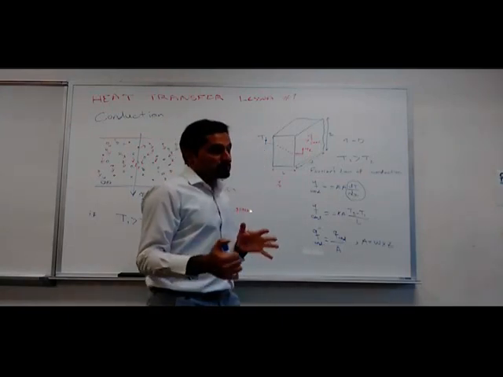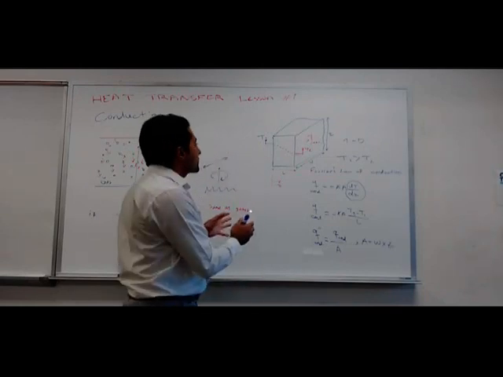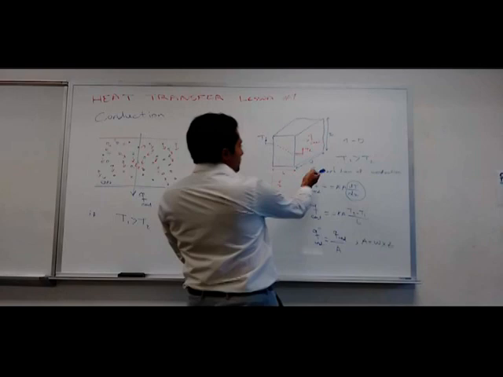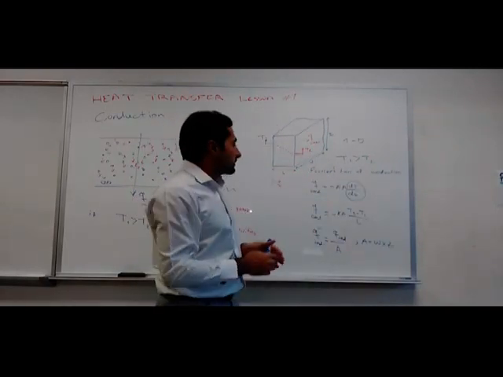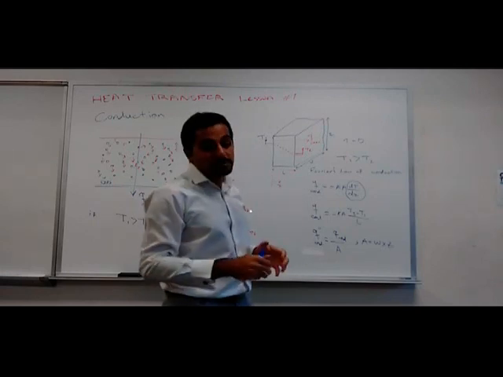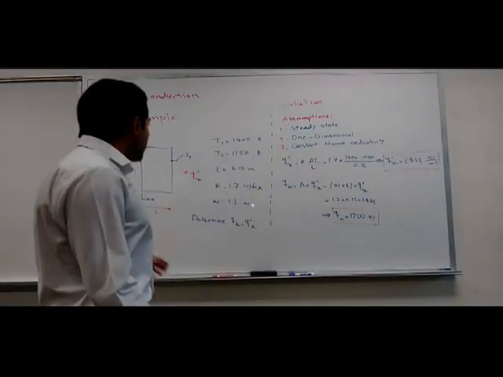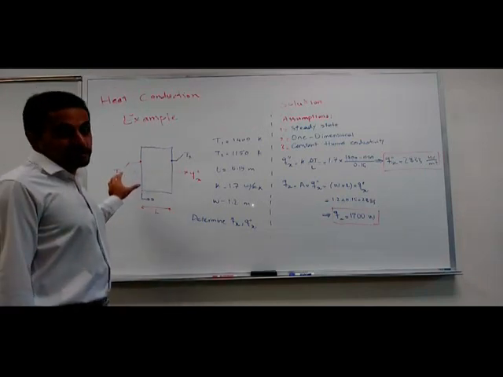We need to show an example to find out how Fourier's law of conduction can be applied to a heat conduction problem. Let's take a look at a very simple example on heat conduction.